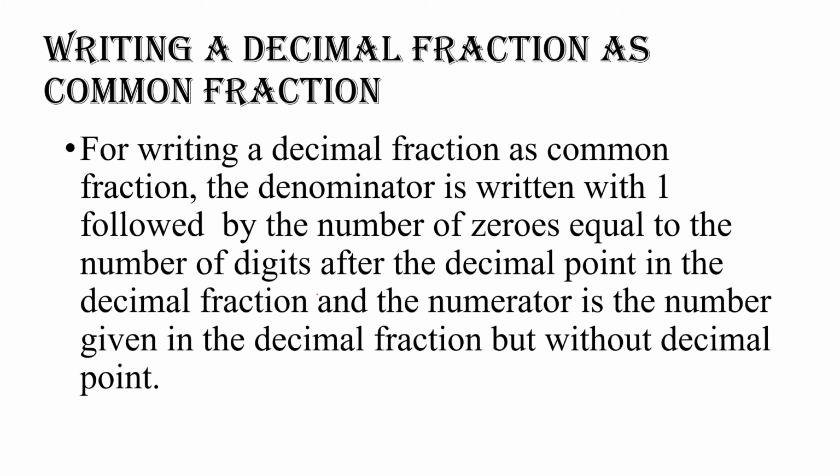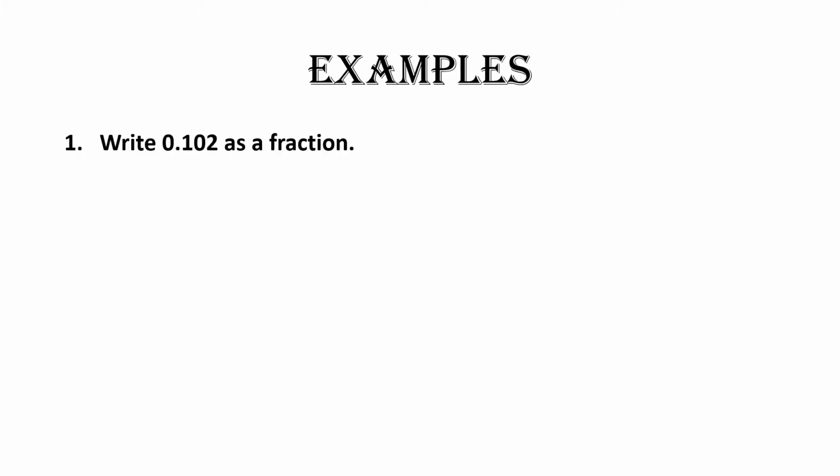Let's understand this with the help of an example. Like we are having 0.102. So when we want to write this decimal fraction as a fraction, we can take 102 as the numerator, and the denominator will start with 1, and after 1 the number of zeros will be the number of digits after the decimal.